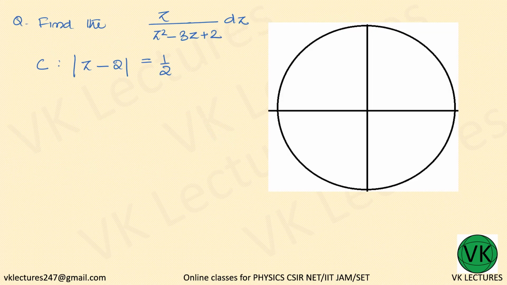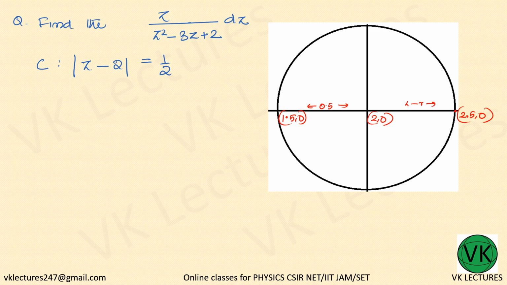In this question somewhere here we will have (2, 0), and towards the left side we will have (1.5, 0), because the radius is 0.5, and towards the right side we will have (2.5, 0).